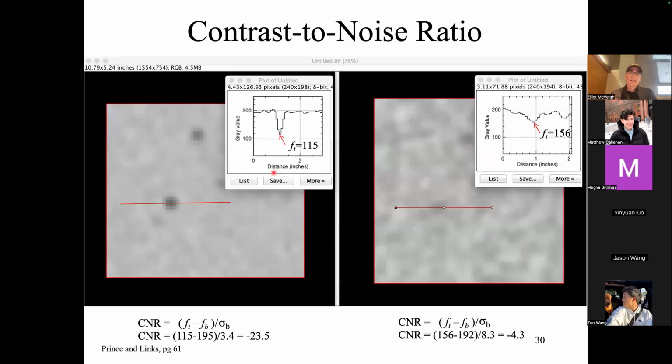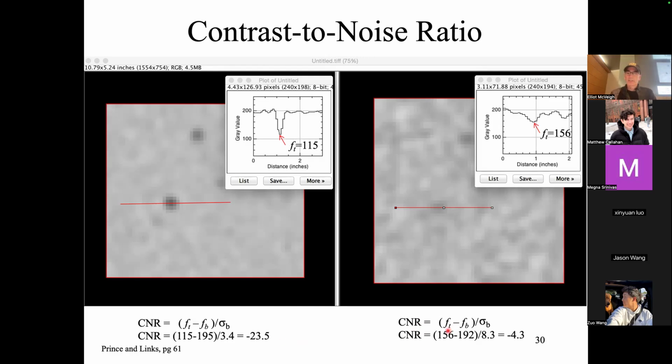Okay. So in this case, that's 115 minus 195 divided by 3.4, which gives us minus 23.5 as the contrast to noise. It's a dimensionless number, right? Because the standard deviation and the signal are in the same units, and so when you divide them, you have a dimensionless number.